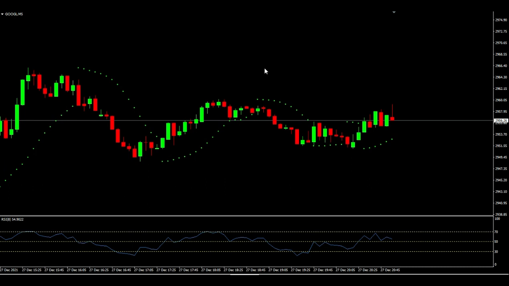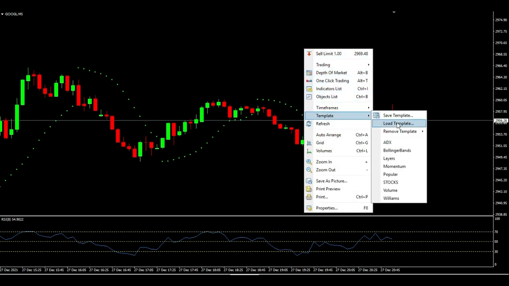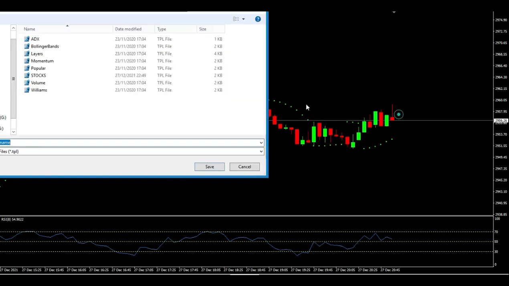You can make the template yourself by going here and going to template, save template, and give it any name. Like I have given it the name stocks, and save.